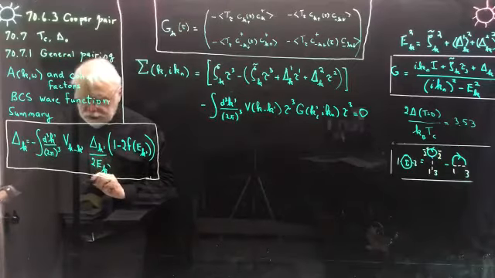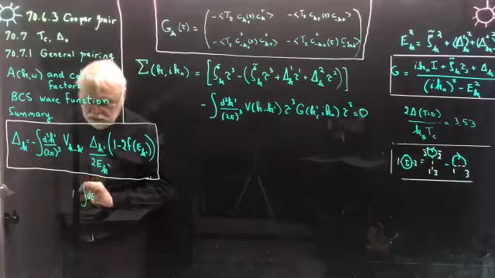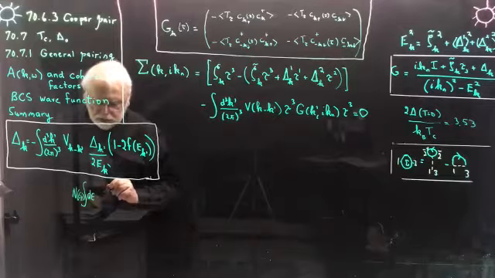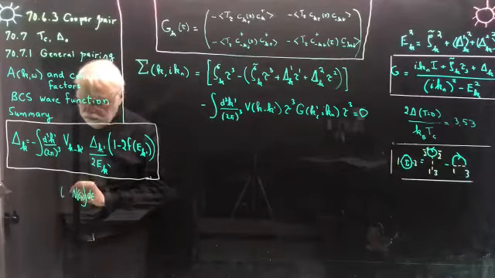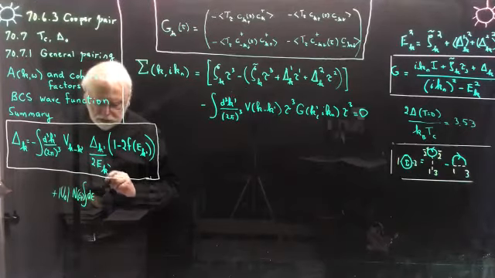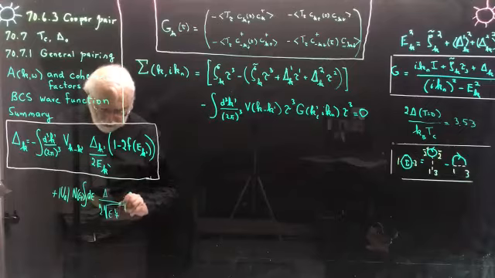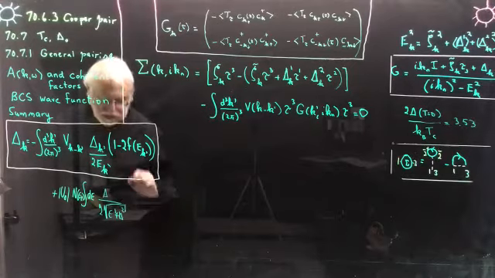So what you get here is the integral d epsilon, the density of states at the Fermi energy, and you get just the absolute value of a constant and then a plus sign, and the integral over epsilon gives delta over 2 square root of epsilon squared plus delta squared, and this hyperbolic tangent.